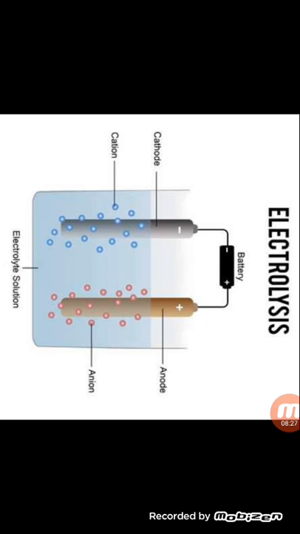So this is the chemical change which will take place in this electrolysis process, and the gas which forms on the negative terminal will be hydrogen, and the gas which can be seen in the form of bubbles on the positive terminal is oxygen. So this is a setup for electrolysis, and you can do this activity yourself also.